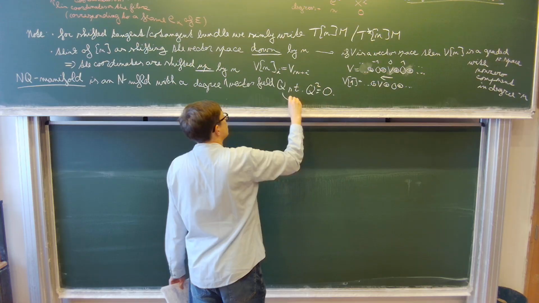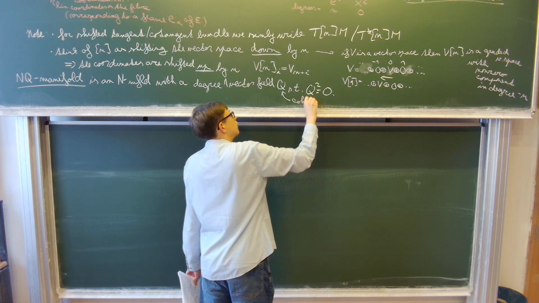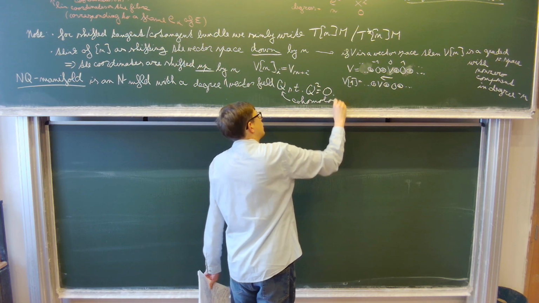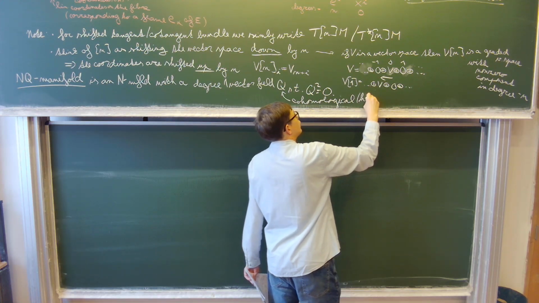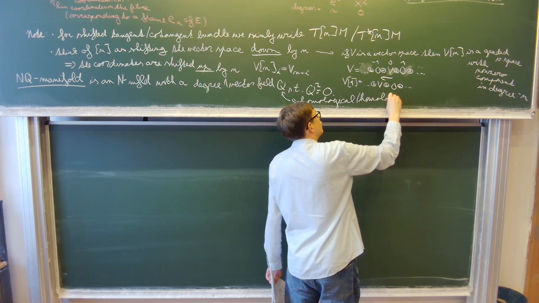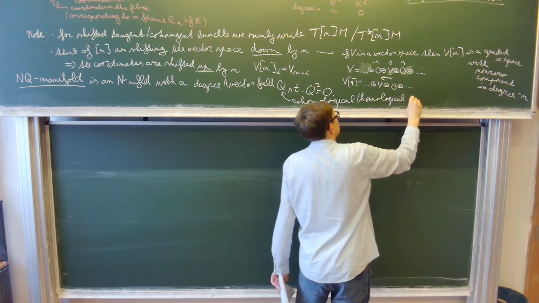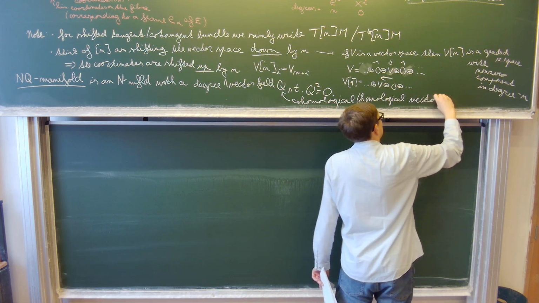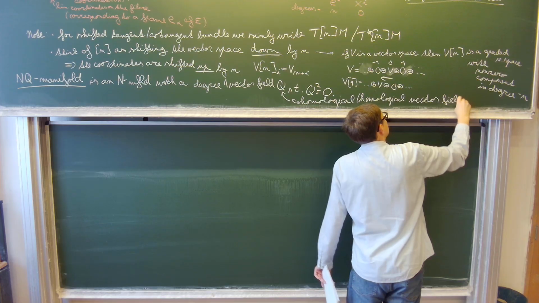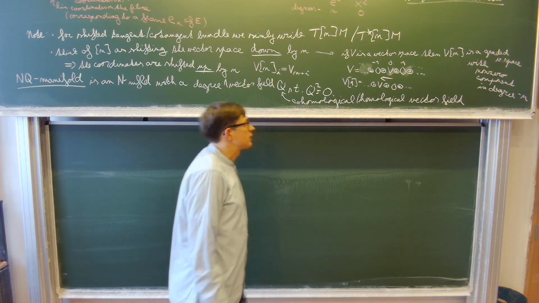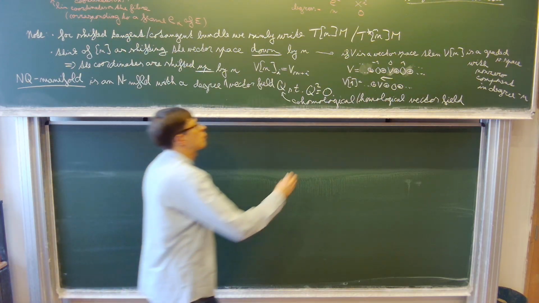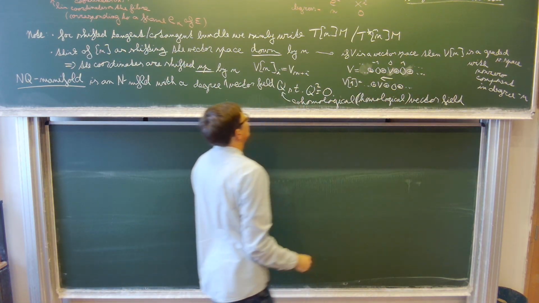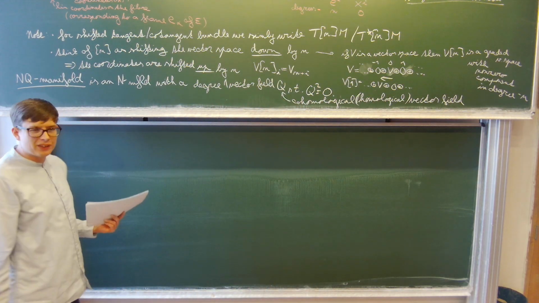Sometimes this is called a cohomological vector field, or even some people call it a homological vector field, although, strictly speaking, you would need to invert the degrees to make this homological, but anyway. Let's do this in parentheses. Some people just call it Q.